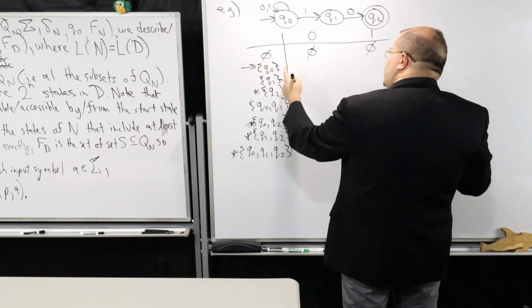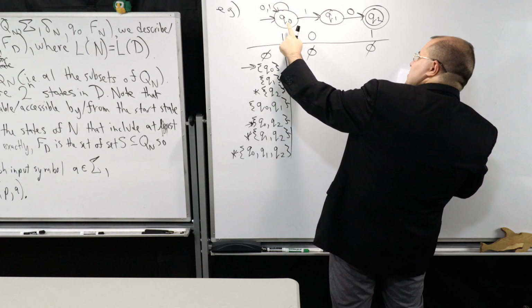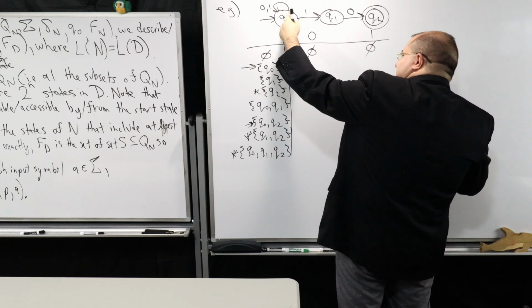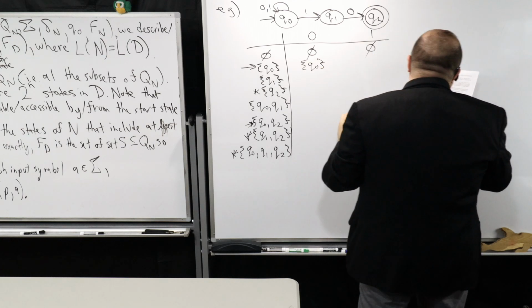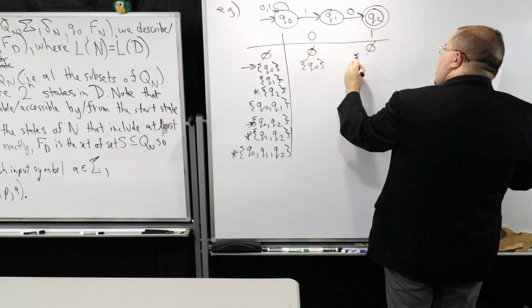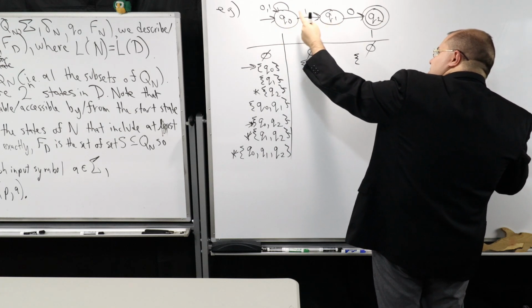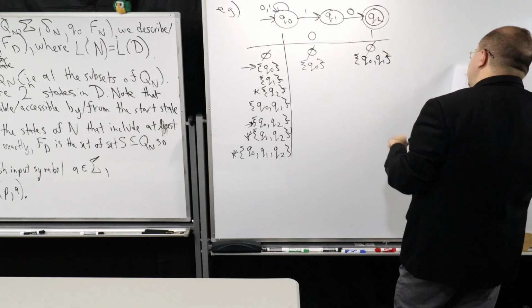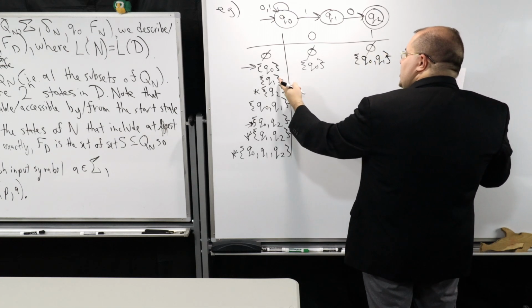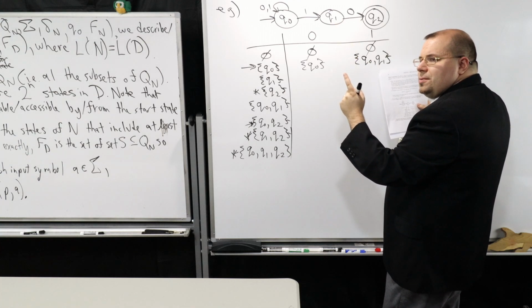So I have Q0. If I look at Q0 and I read a 0, what do I get? The only one is that it keeps me in Q0, so I just write Q0 like this. And when I read a 1, I get Q0 or Q1, right? It could transition to Q0 or Q1. Okay, how about on Q1? When I read a 0 on Q1, where does it go? Somebody tell me.